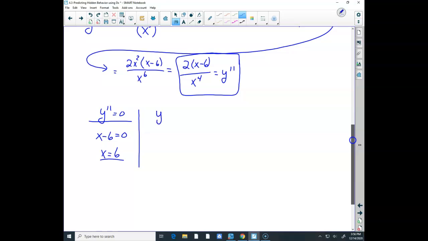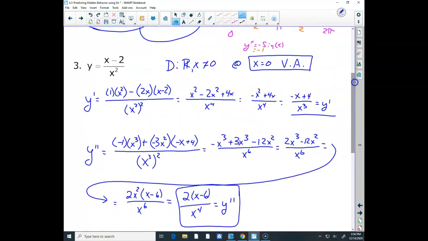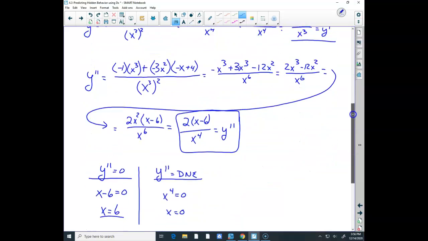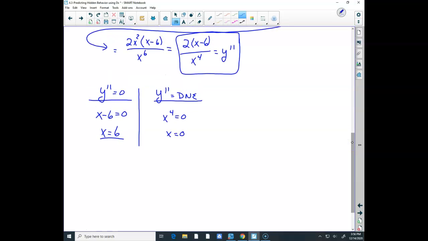And also, when does y double prime not exist? Well, it doesn't exist when x to the fourth equals 0, or when x equals 0. Now, remember, is it possible to be a point of inflection at 0? The answer is obviously no, because 0 is not defined in the original function. But it's still a critical value for me to check on my number line test.